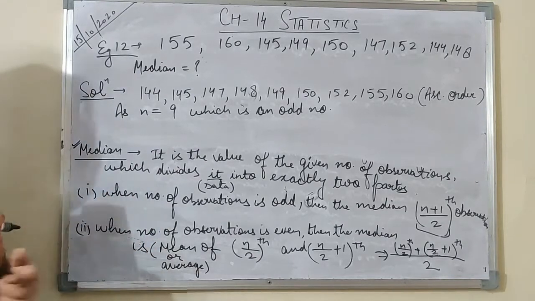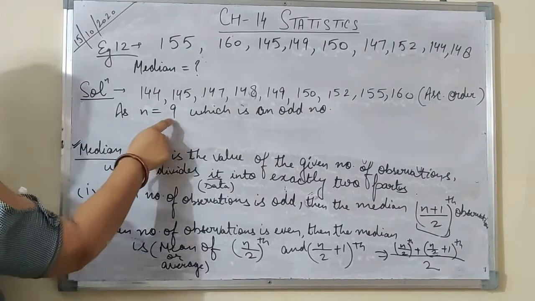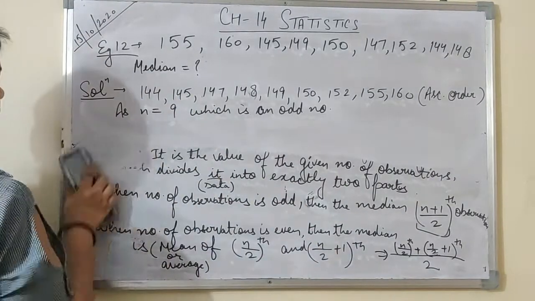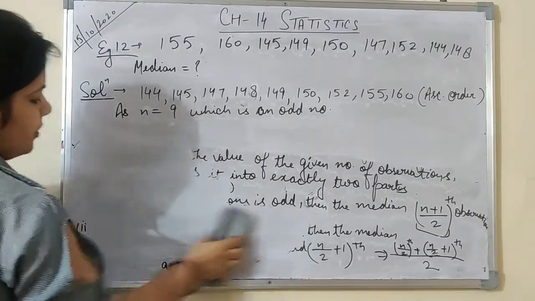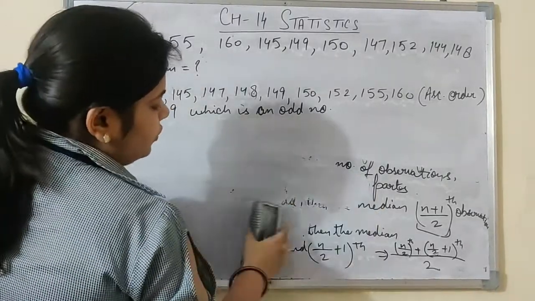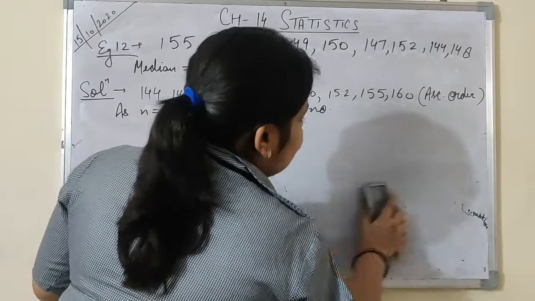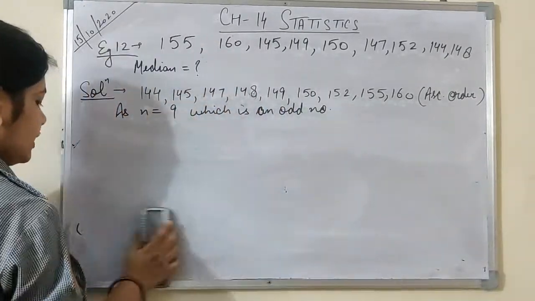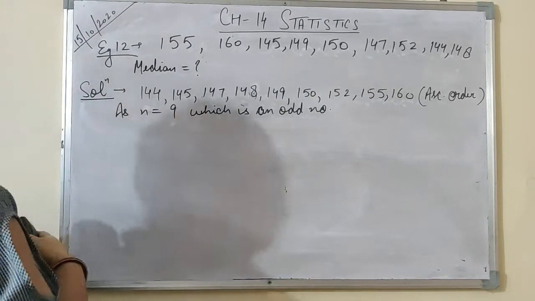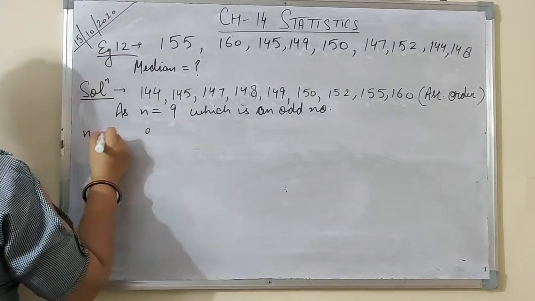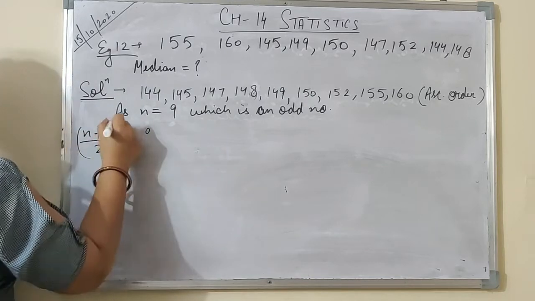Since n is 9, an odd number, we will apply the first formula, the (n plus 1) upon 2th term.